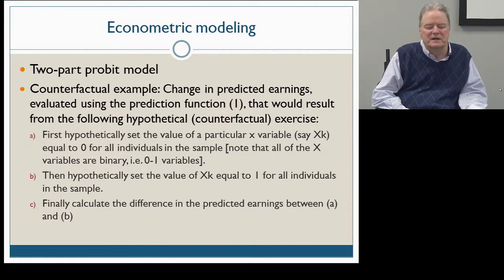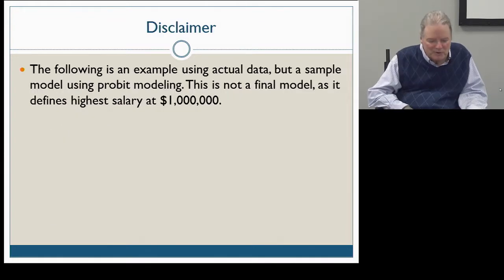So again, the disclaimer is that although the example is using the actual data and is using the probit modeling, it's not a final model. One thing that was done within this model is we have different groupings of earnings. When you collect data, it's very difficult to get exact levels.